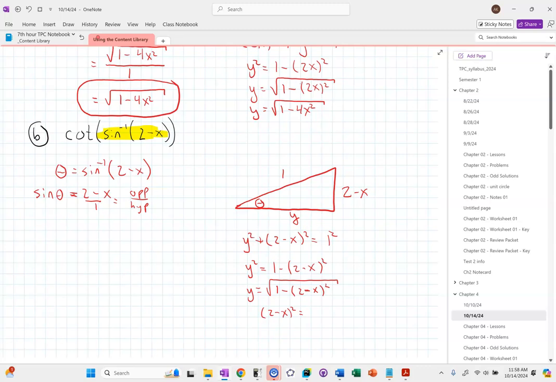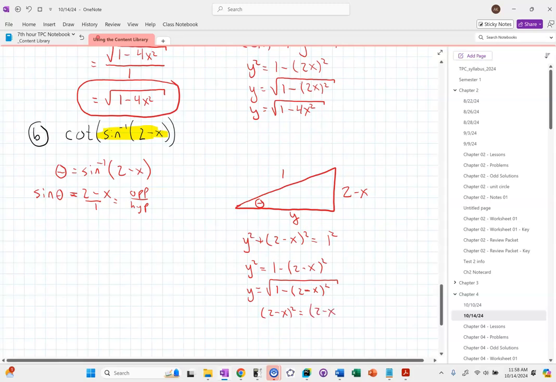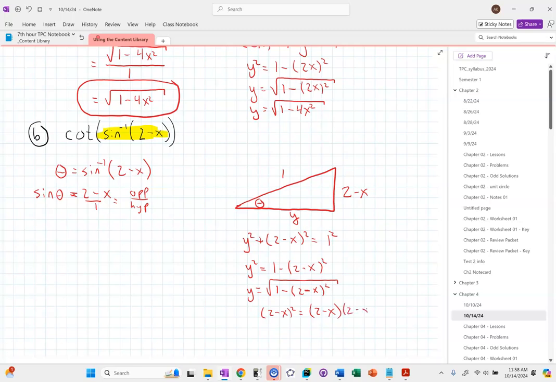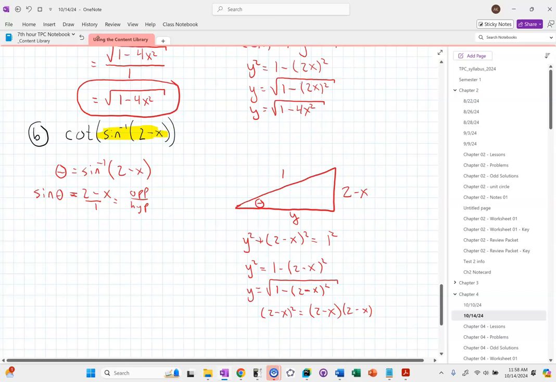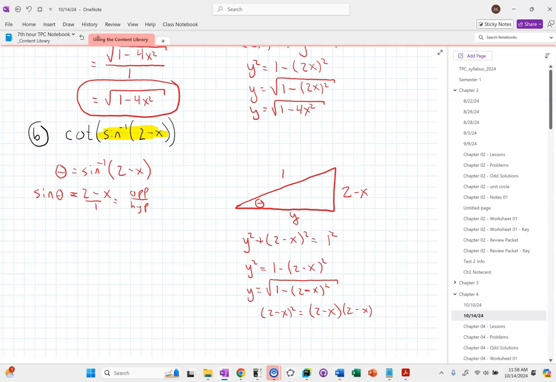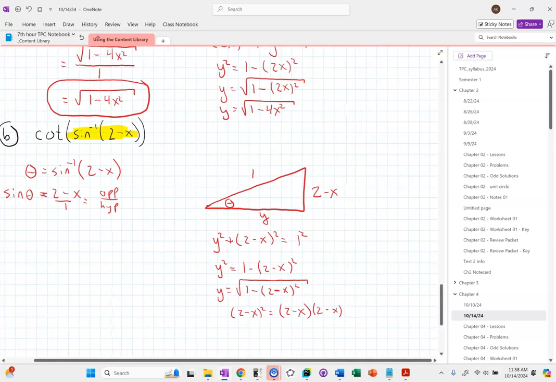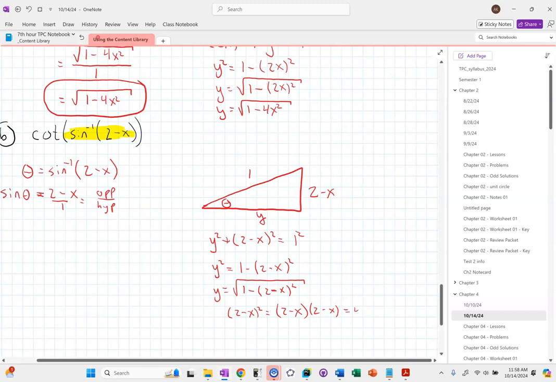How'd you get 9? 3 times 3, right? So 2 minus x squared must be 2 minus x times 2 minus x, just like 3 squared is 3 times 3. When I have 2 minus x times 2 minus x like that, how do you do that? You have to FOIL. Yes. So I'll just FOIL that out quickly in my head.